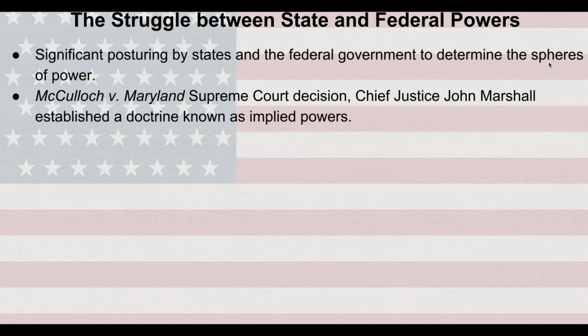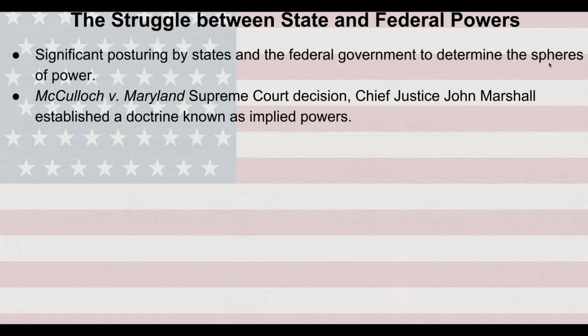And so we're going to see the establishment of what is known as the doctrine of implied powers. If we think back to the enumerated powers that the Constitution gives the federal government, we know that there are specific things that the government can carry out.